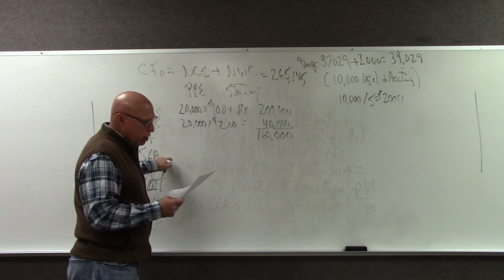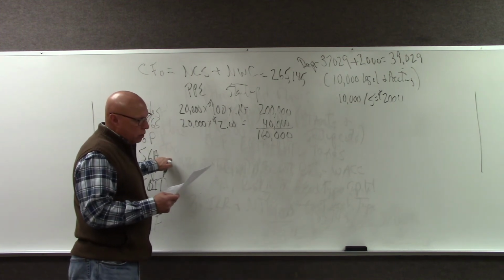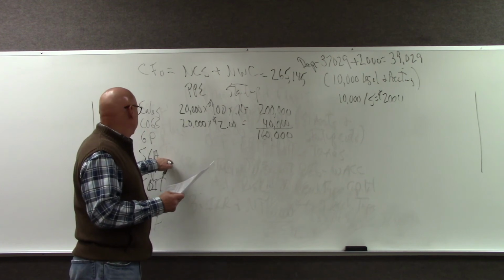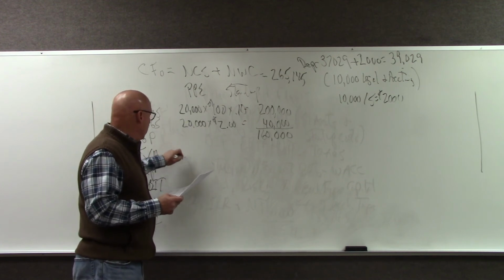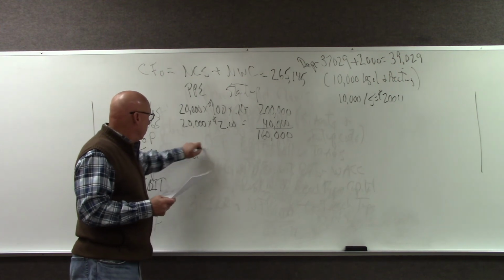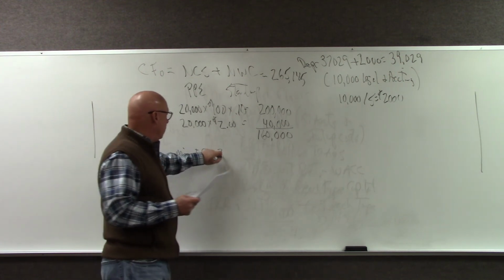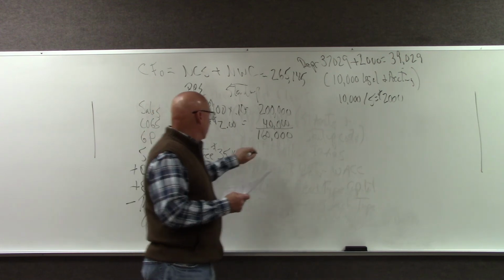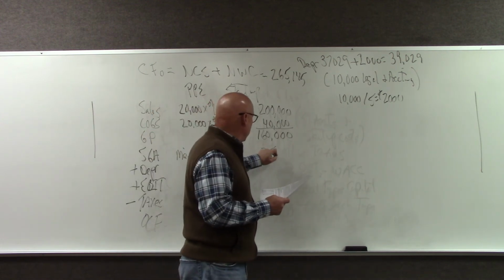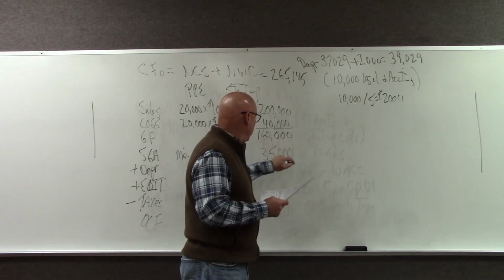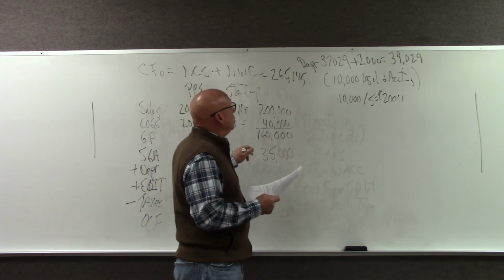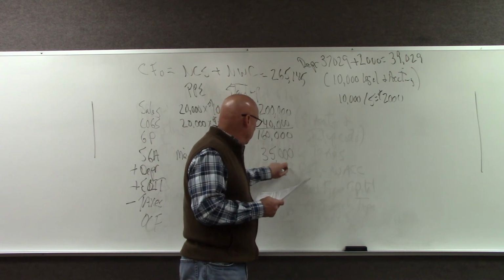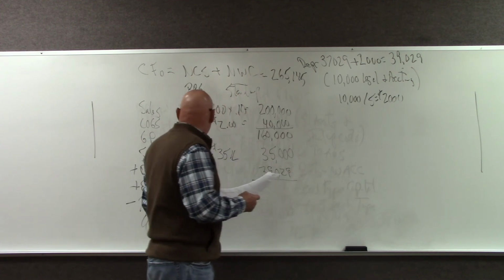All right. So our SG&A, let's see where we are with our SG&A. The maintenance fee of 35,000. So we're going to put that right here as our SG&A, and then our depreciation is 39,029. Okay?